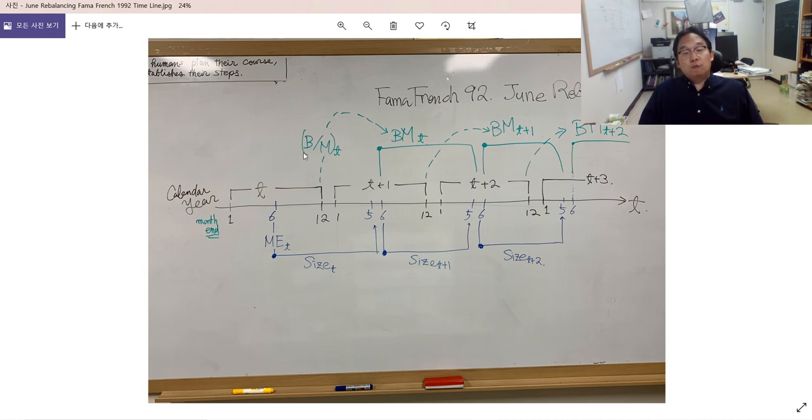Now, book value of equity comes up every year, and book to market is the inverse of the PB ratio, which really depends on the book value of equity that you observe. That book value of equity is as of usually the end of December 31st, the end of every fiscal year.